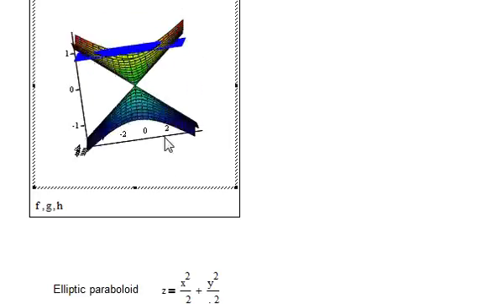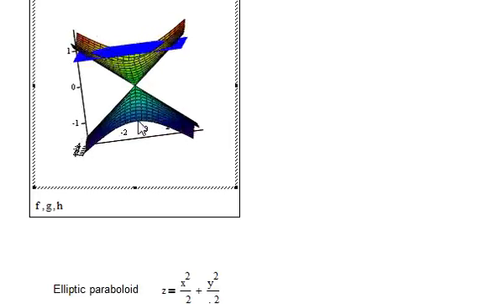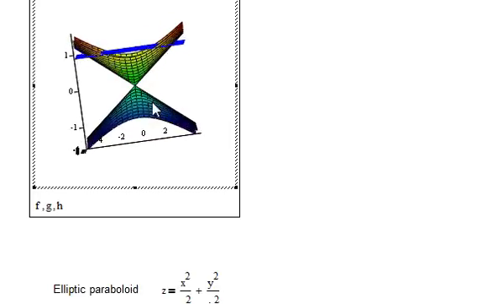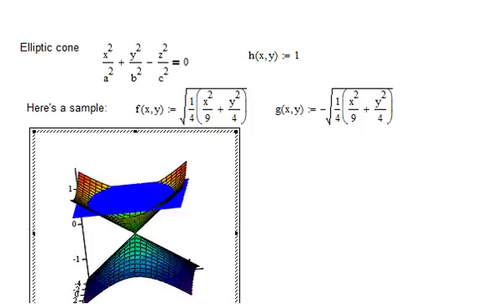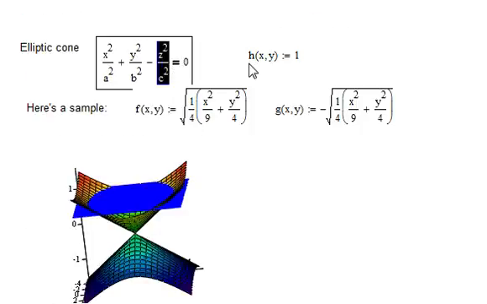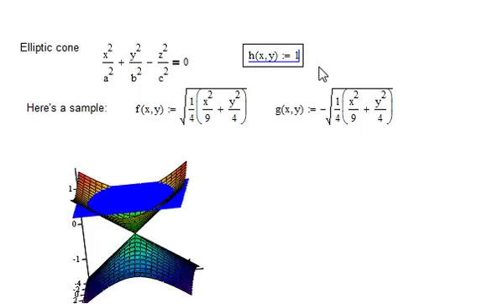So all cross sections that are parallel to the XY plane will be ellipses, because z wouldn't be 0, but it would be a number, and so then we have x squared over a squared plus y squared over b squared equals some number, and of course those are ellipses then, so not a big deal.